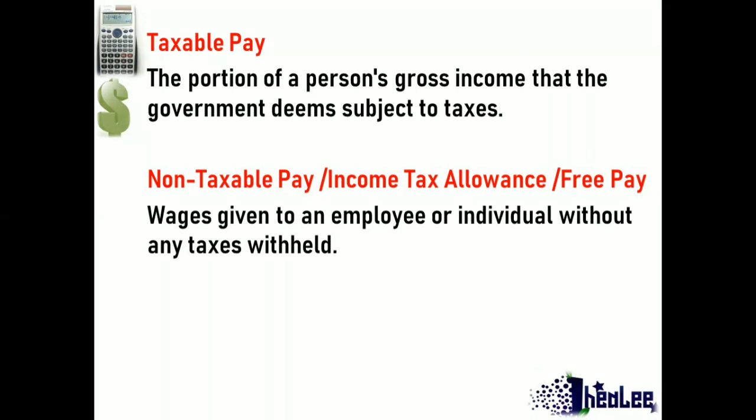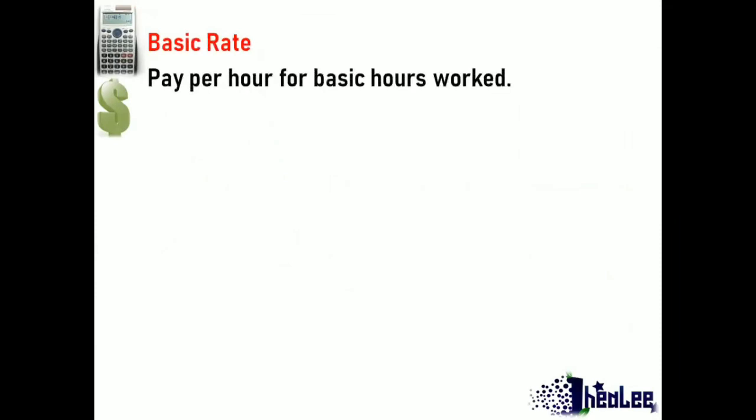We're going to take a look at the final two terms. The first one there is basic rate. Basic rate is the pay per hour for basic hours worked. So you might work 40 hours for the week as your basic hours. The pay that you receive for each of those 40 hours is referred to as basic rate.